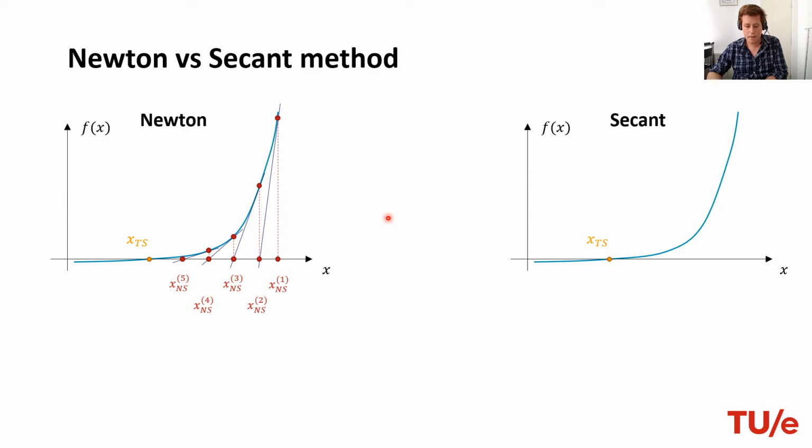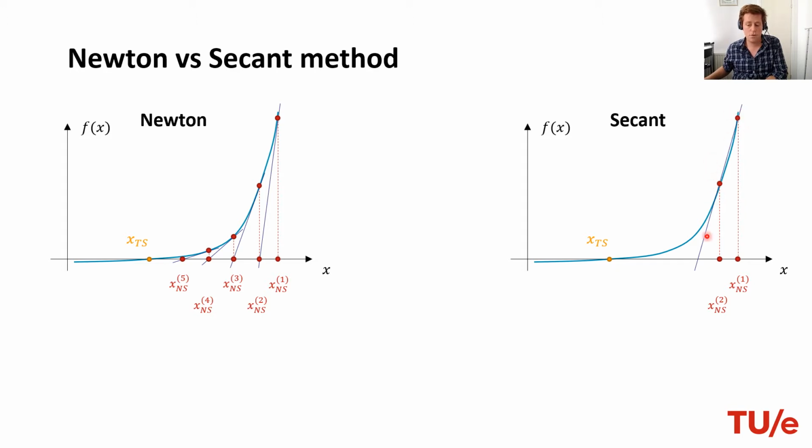Now, the secant method is very similar, but somehow different in the fact that we do not start from 1, but we actually have to use 2 initial guesses. And what we do is, we don't draw the tangent line to the curve, but we draw the line between x1 and x2. So this purple line between the function values evaluated at x1 and x2.